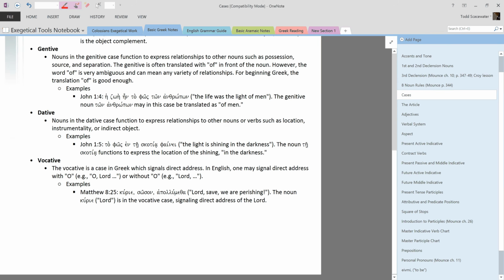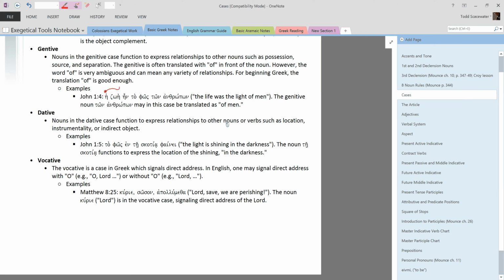The genitive case. The genitive case is, you might say, the of case. Nouns in the genitive case function to express relationships to other nouns, such as possession, source, and separation. So very often the typical default translation is the word of in front of the noun. Let's look at an example sentence to illustrate this.